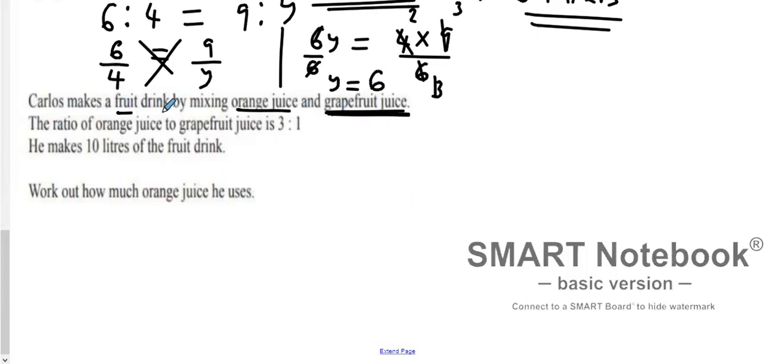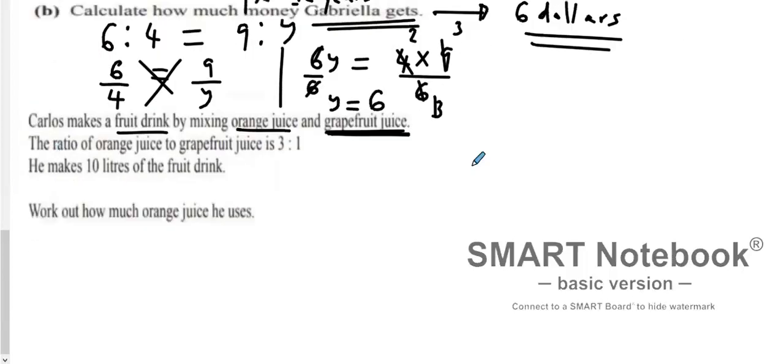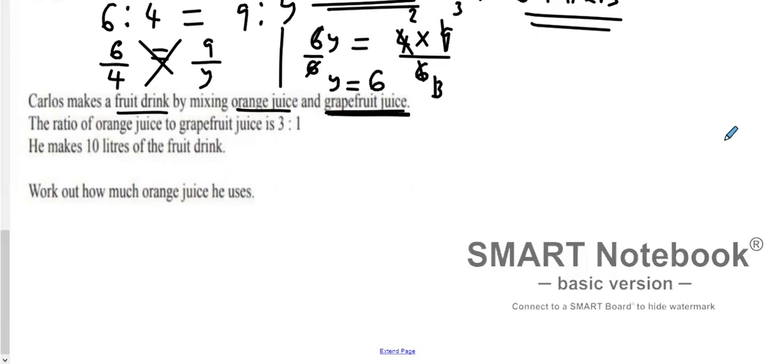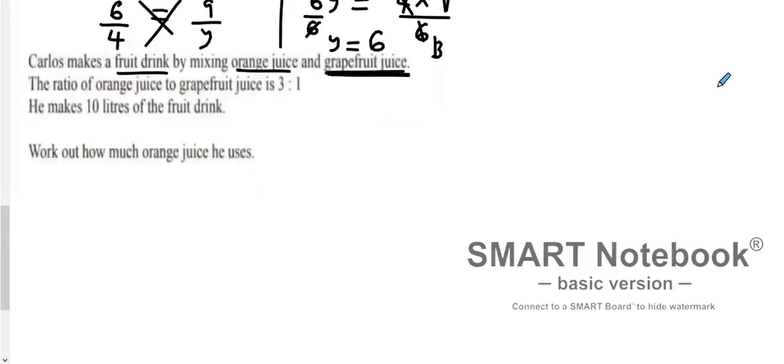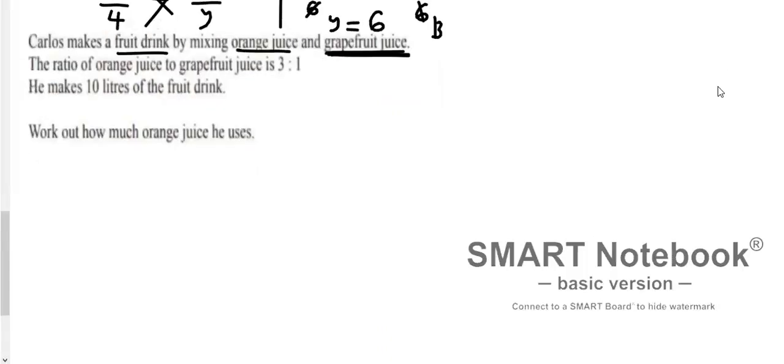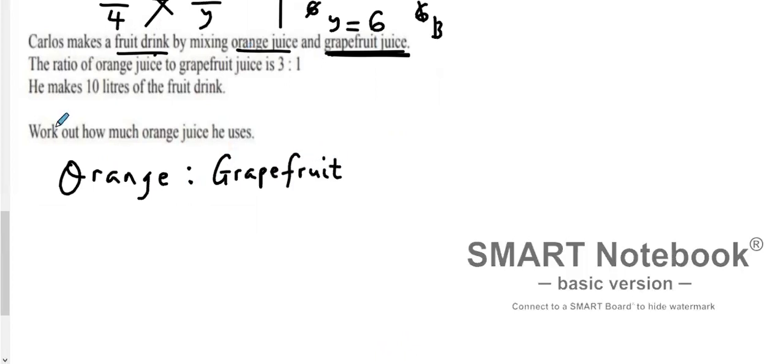Carlos makes a fruit drink by mixing orange juice and grapefruit. So Carlos is mixing two types of fruits, orange and grapefruit.